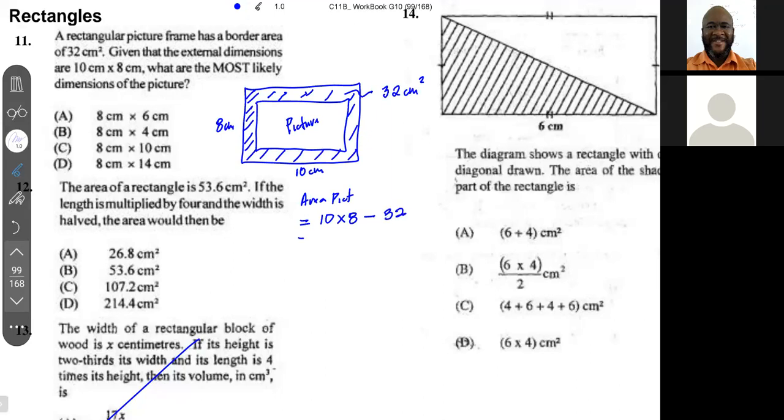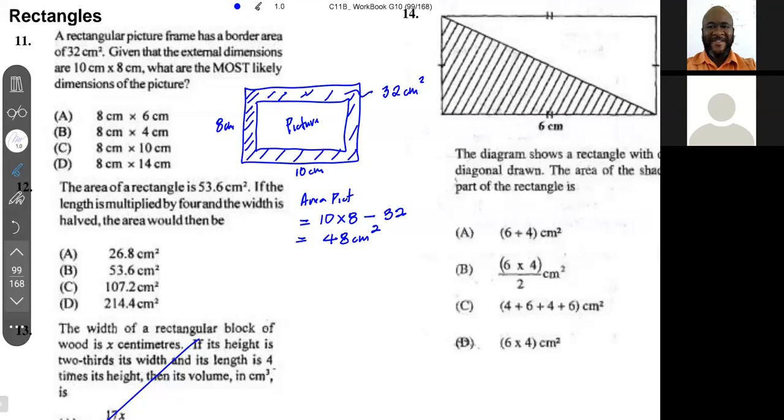32, I have 80 minus 32, this is 48 centimeters square. So the area of the picture is 48 centimeters square. If I multiply the length of the picture by the width of the picture, I'm supposed to get 48 centimeters square. The issue now is, what are the most likely dimensions of the picture?